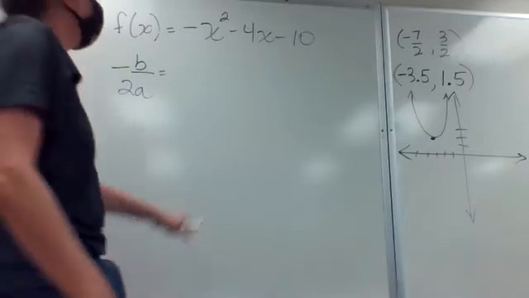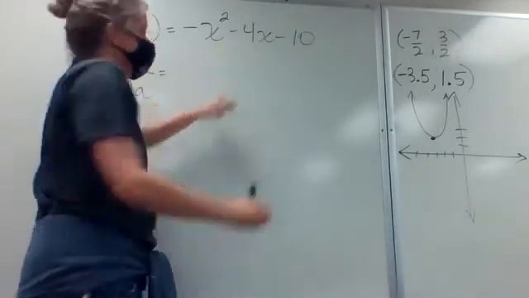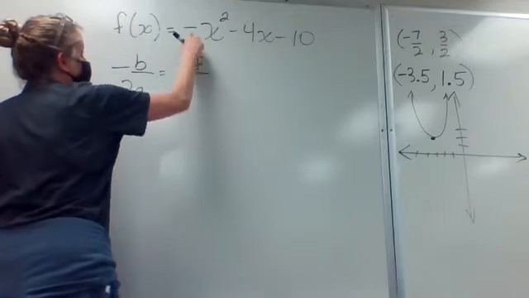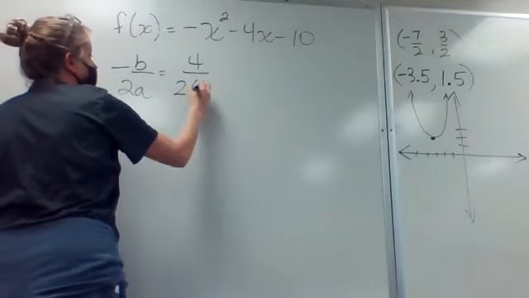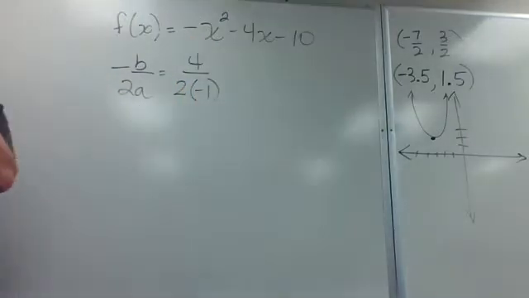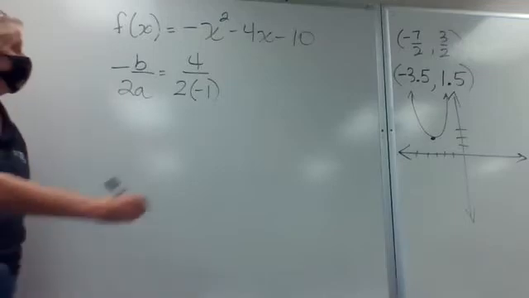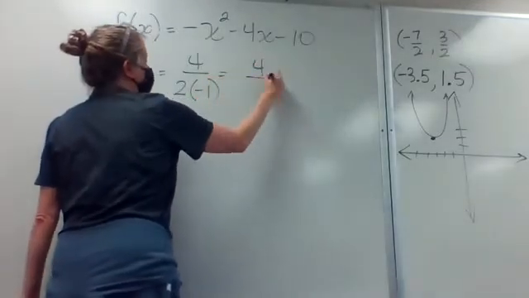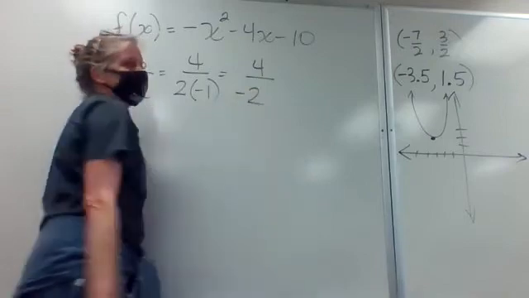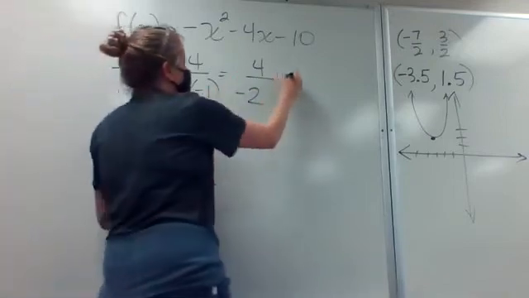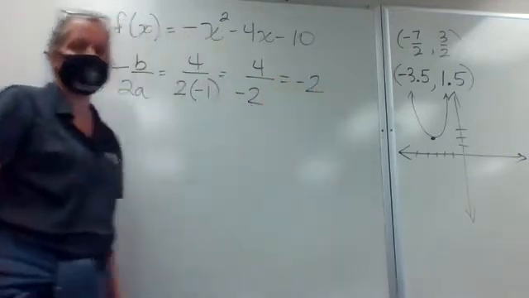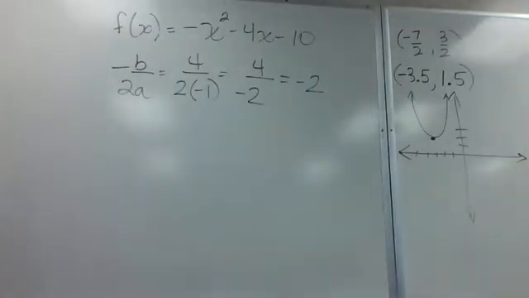Opposite of b, +4, over 2 times a. This a is -1. So I've got 4 over 2 times -1 is -2. This reduces to -2. So the x coordinate of the vertex is -2.